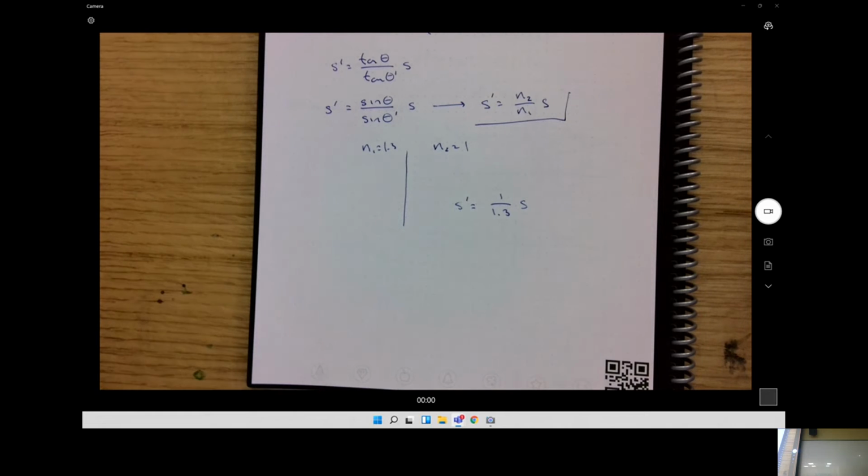Now, let's do a quick experiment. Grab a pen and hold it at arm's length. You can close one eye, focus on the tip of your pen, and see that it has a particular size. Then put it as close to your eyes as you possibly can.